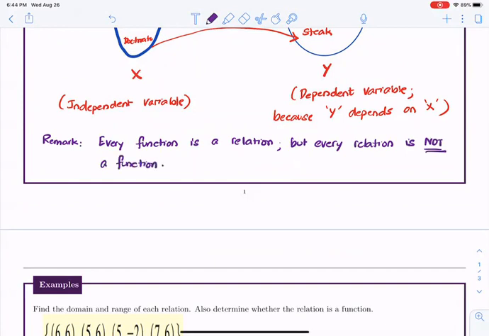So no matter what function I take, a function is always a relation in a mathematical sense, but every relation is not a function. And I will show you in the example what the proper way is to determine whether a relation is a function or not.